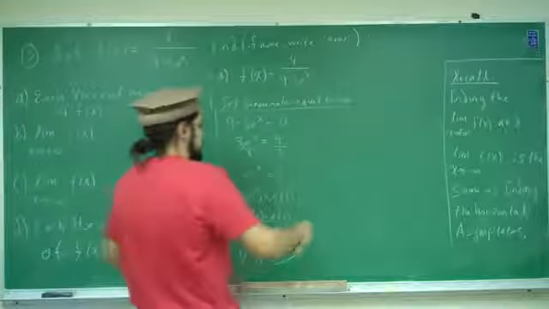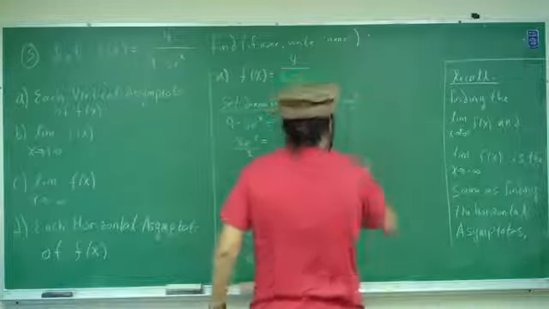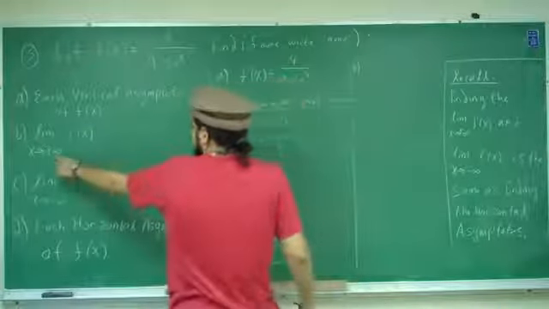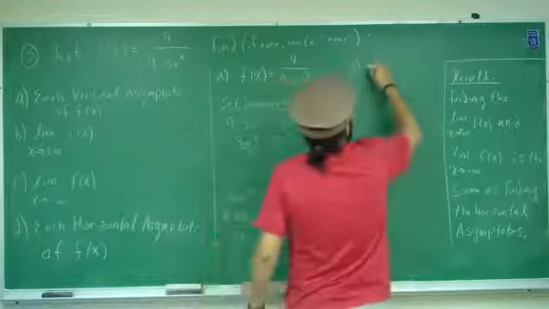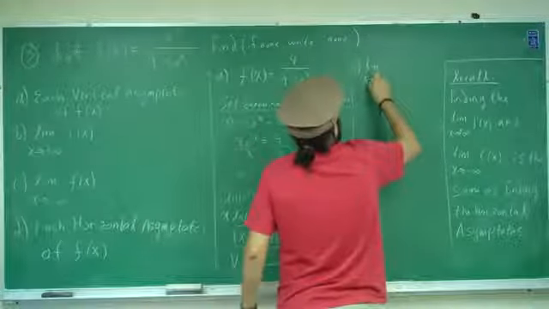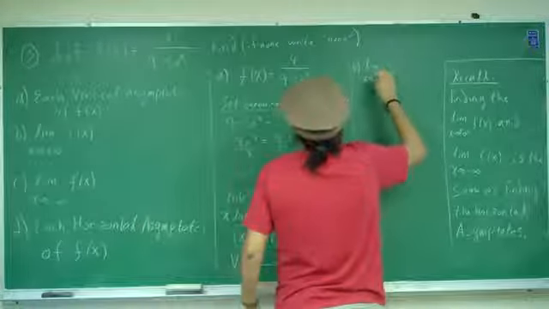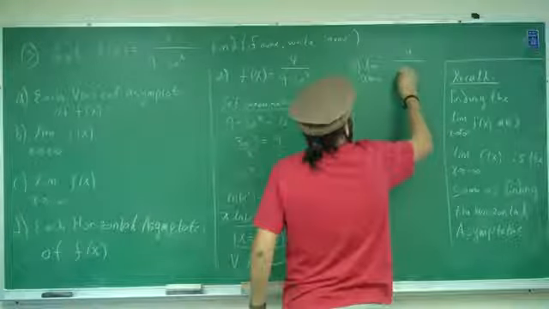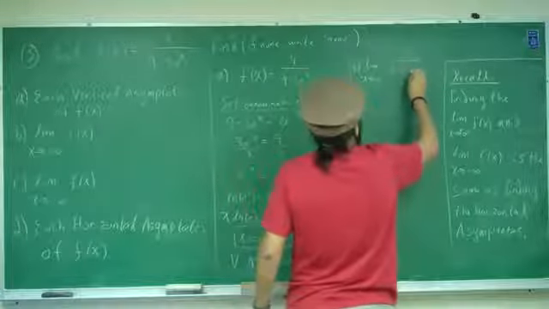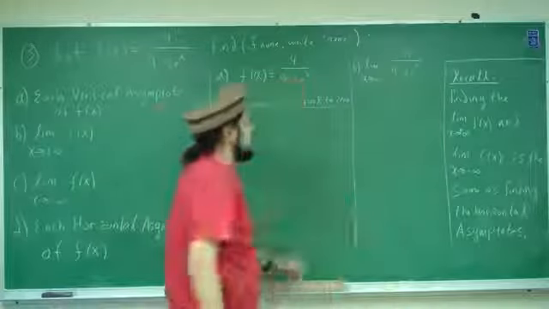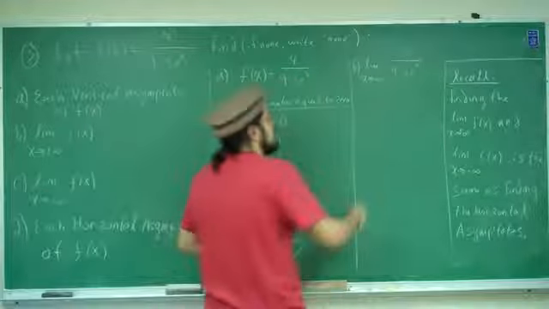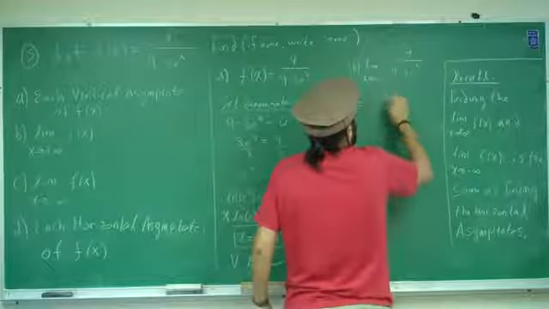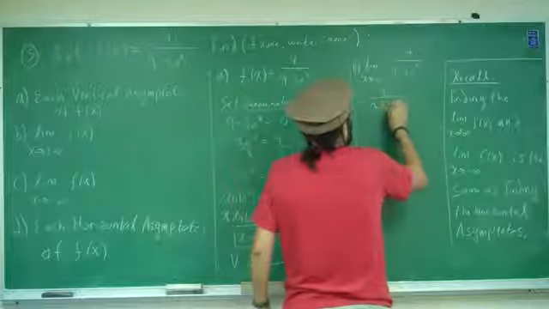Let's do B now. Find the limit as x approaches infinity of f of x. So take the limit as x approaches infinity of 4 over 9 minus 3e to the x. Go ahead and plug in infinity. This is equal to 4 divided by 9 minus e to the infinity.